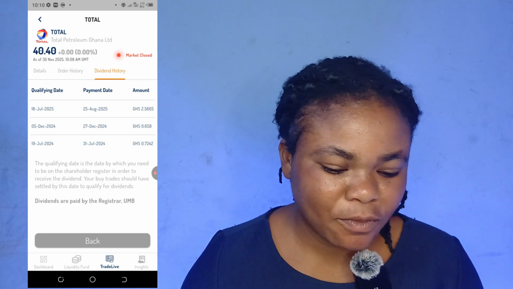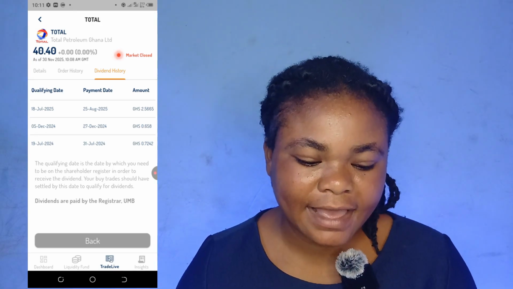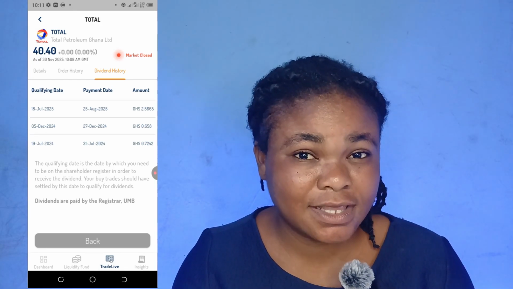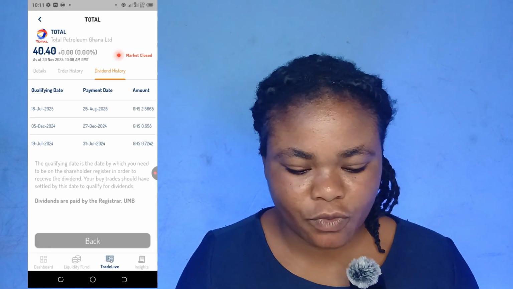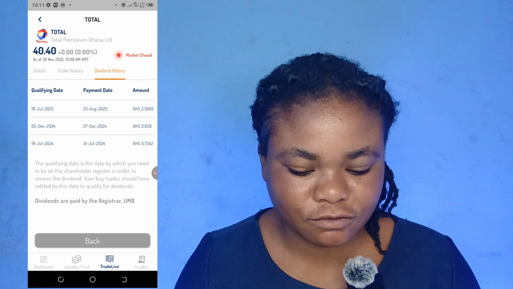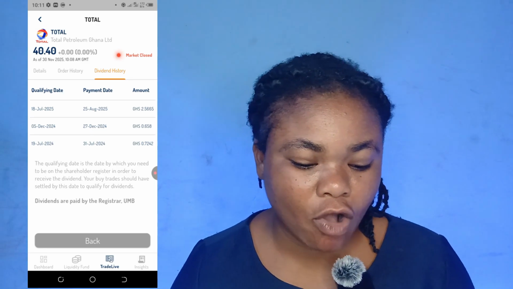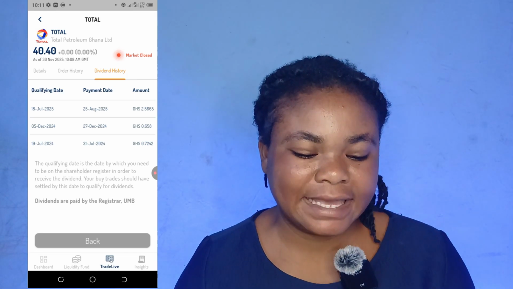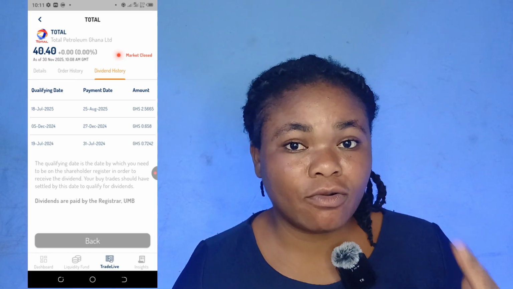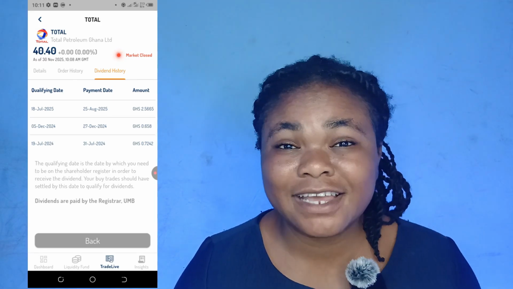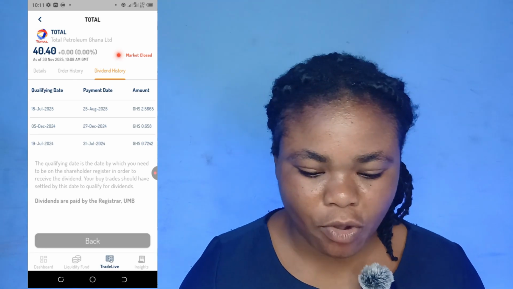So when you buy Total stock, July to August, I think it's 20 days, the same as MTN stock. When you buy it on 18th July, then when they are paying the dividend on 25th, I guess, you are going to get some. But when you buy it after the qualifying date, when they are paying the dividend, you are not going to get some. That's how the stock works.